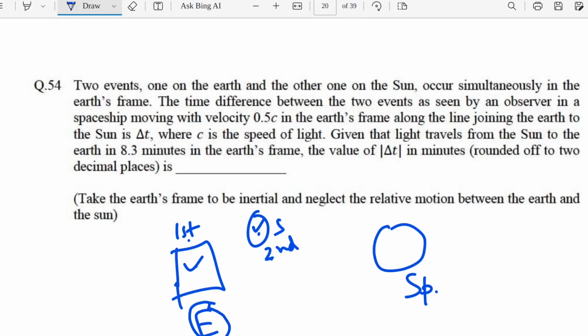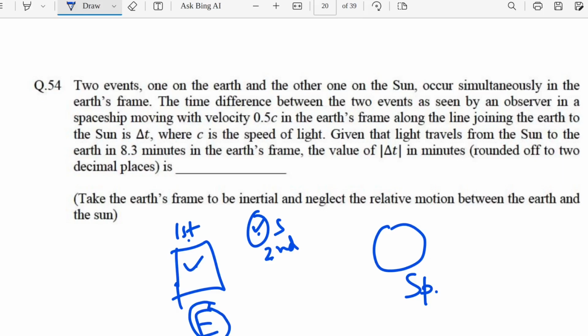But obviously, due to relativity, in the spaceship's frame of reference these two events will not be simultaneous, right? And we have to tell what the time difference between these two events will be with respect to the spaceship frame of reference.